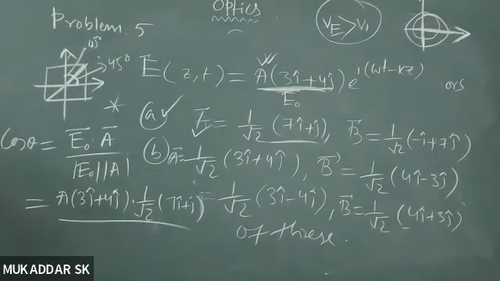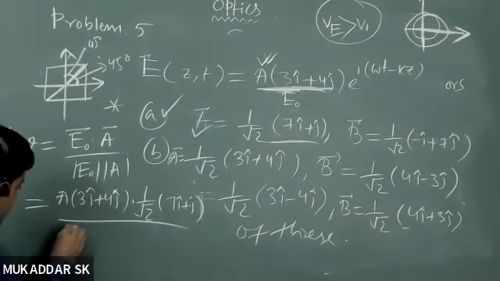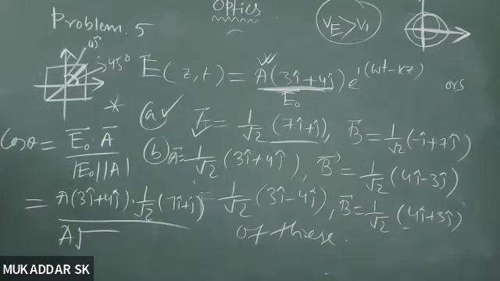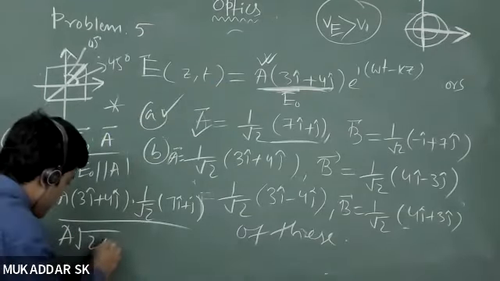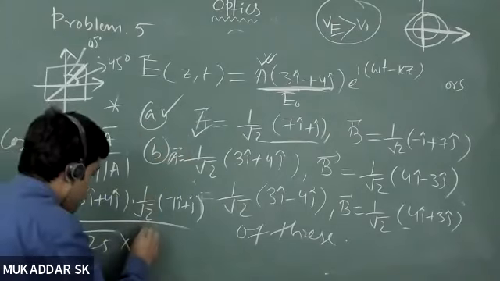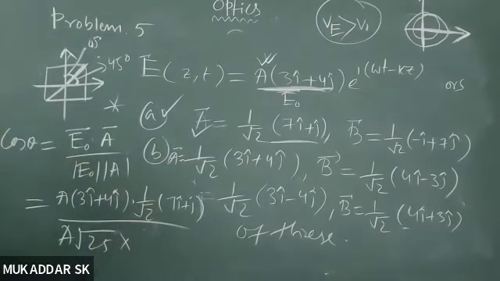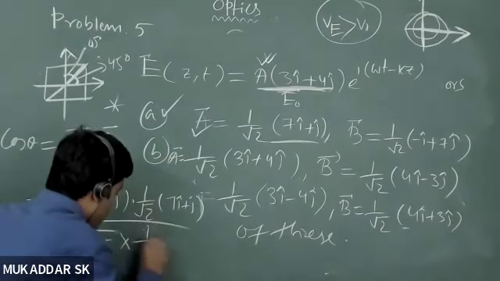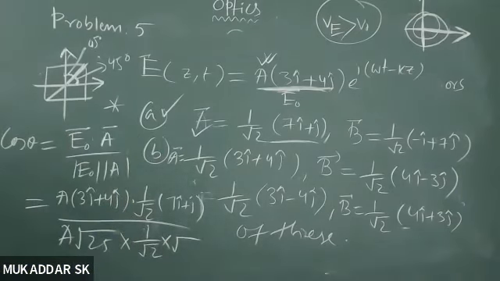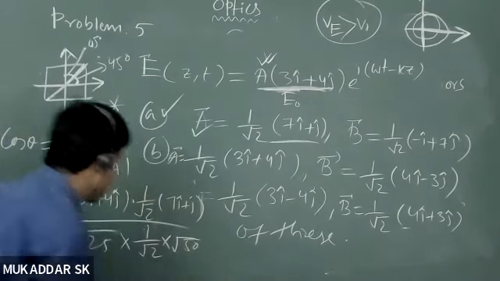Mod E naught, simply if you take mod of this, so basically I'll get a into square root of 3 square plus 4 square, 9 plus 16, that will be 25, and mod a, that will be how much? Anyone? That will be 1 by root 2, right? 1 by root 2 into square root of 7 square plus 1, that will be 50. That will be how much? 50, right?